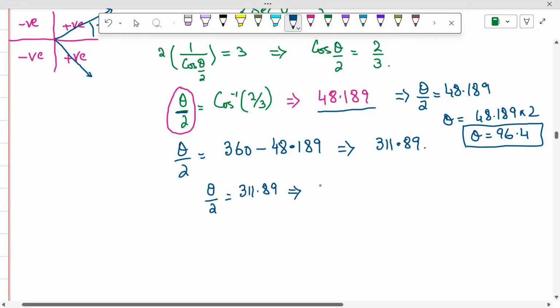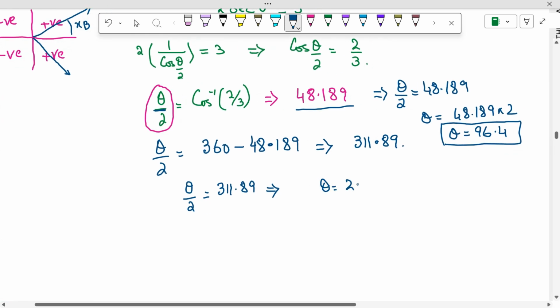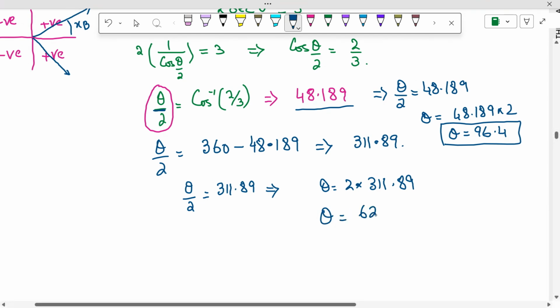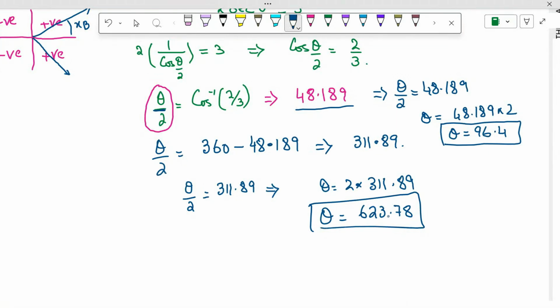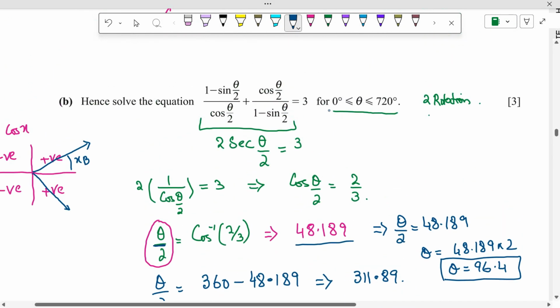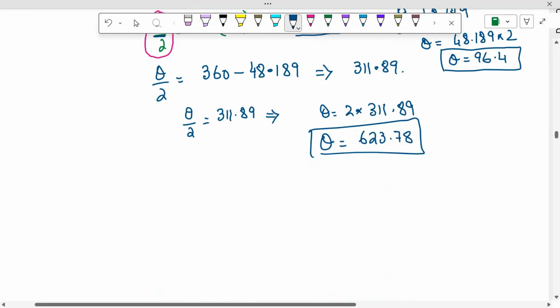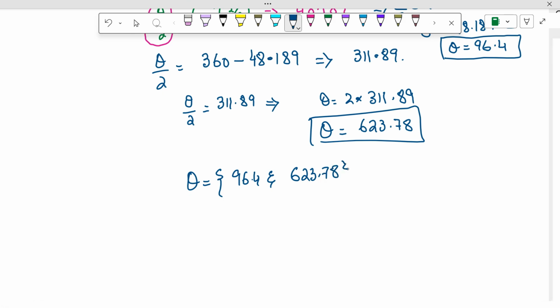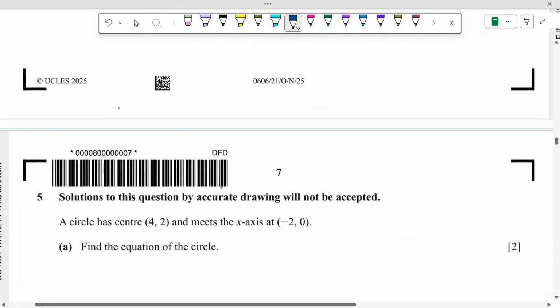So further solving, we will have theta equal to 2 times 311.89, and in this case theta is equal to 623.78, and both these values are in the given range. So we can say that theta is equal to 96.4 and 623.78. That was required.